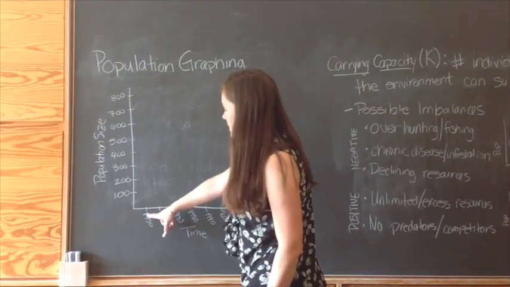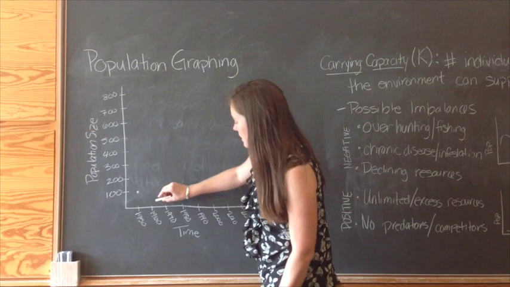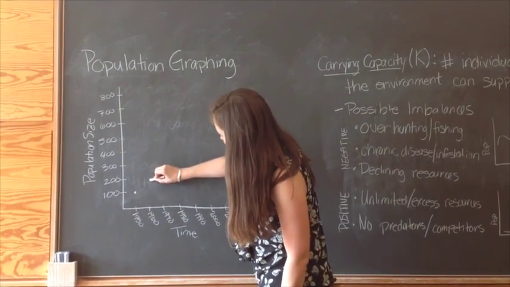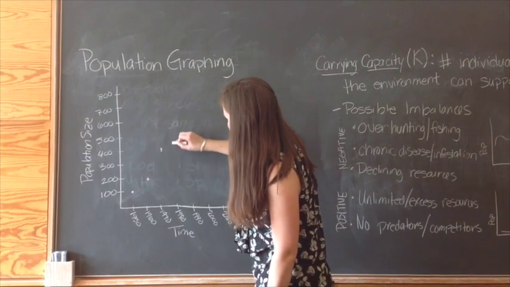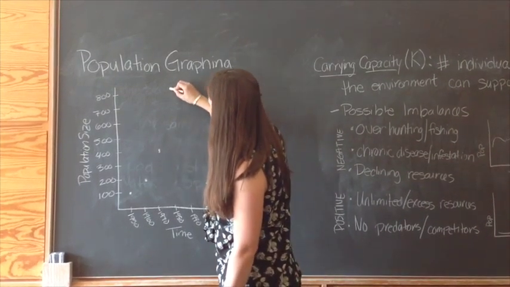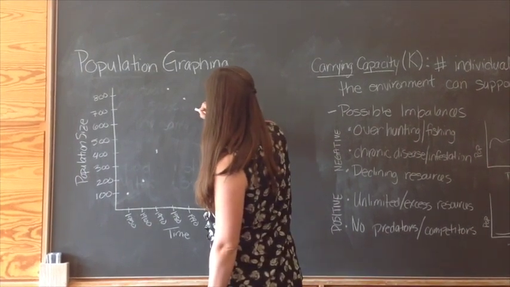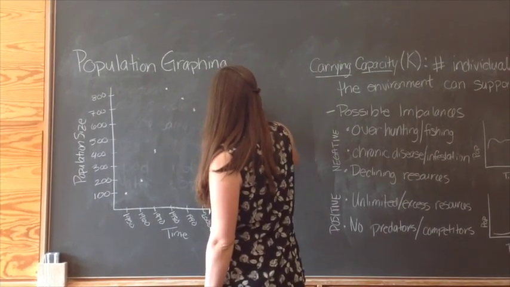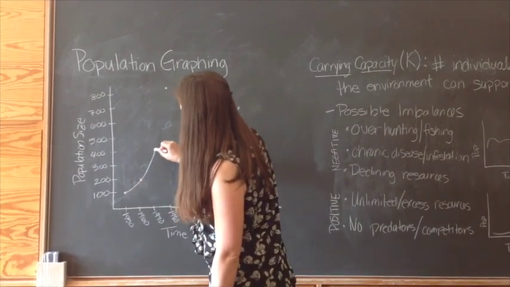Let's say in 1950 we had a population of 100, and then in 1960, 200, in 1970 the population maybe jumps up to 400, in 1980 it jumps up to 800, and so on and so forth until we get a nice little curve, and then we're going to connect all of our dots.